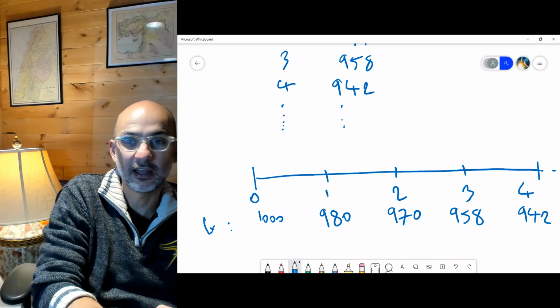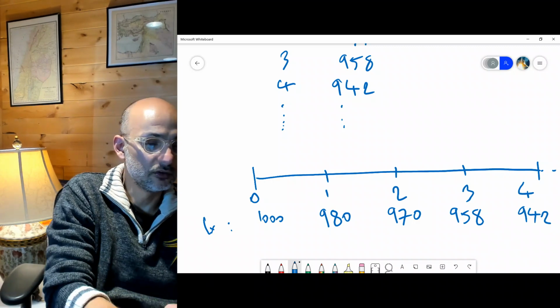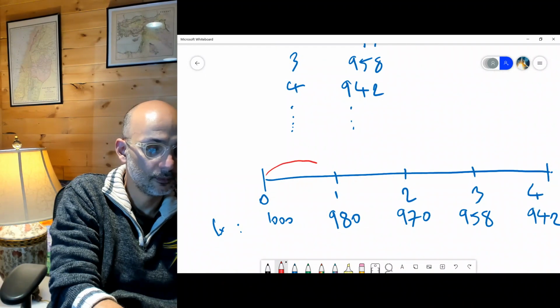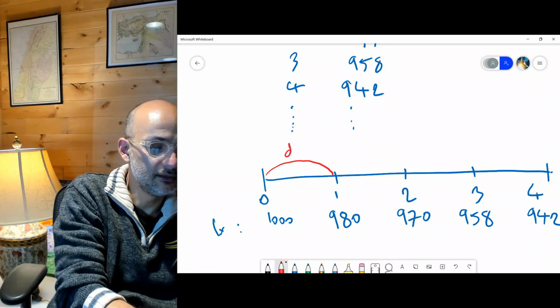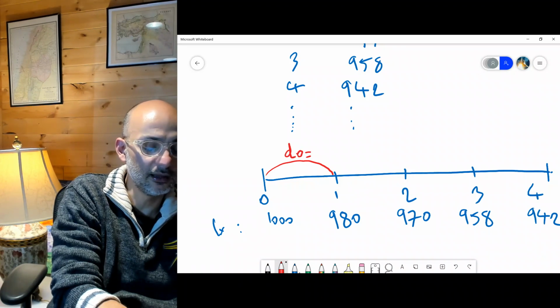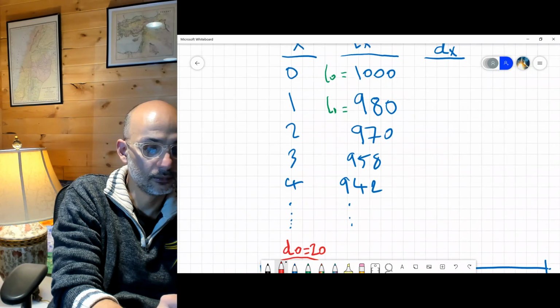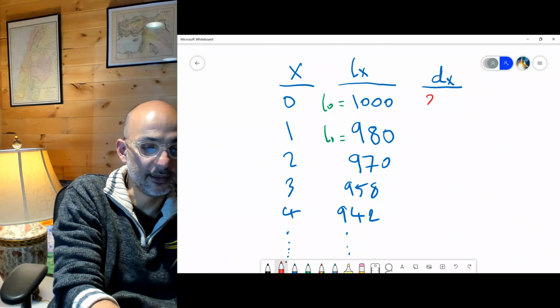So this is your lx. Now dx is, you take this period, and d0 equals 1000 minus 980, which is 20, and this will again be 20.